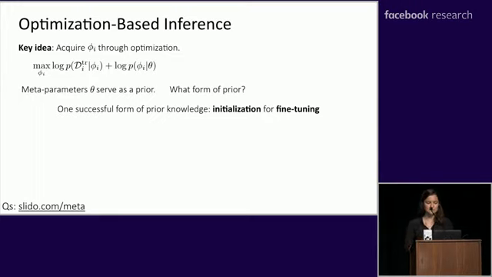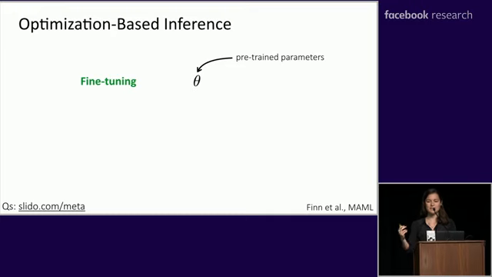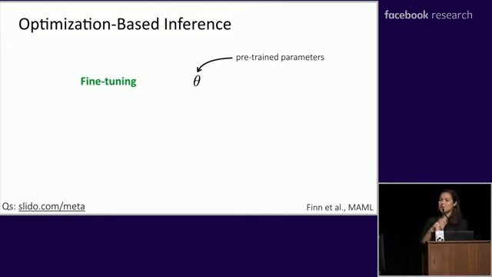So this is a very successful form of prior knowledge, and the way that it works is you have a set of pre-trained parameters theta, and you run gradient descent using training data for your new task. This works really well in a number of different situations. But what if your training data for your new task has only a few data points, like the 6 data points that I showed in the example at the beginning?